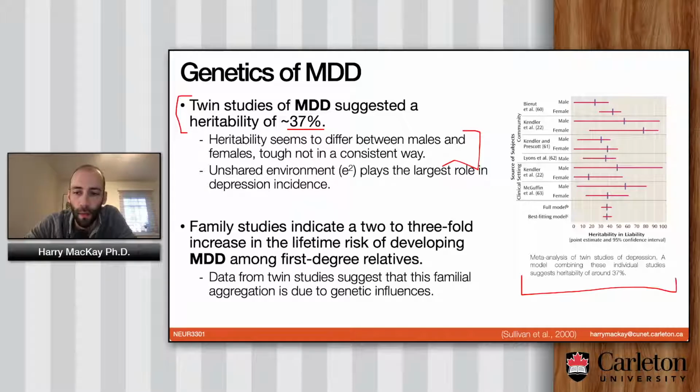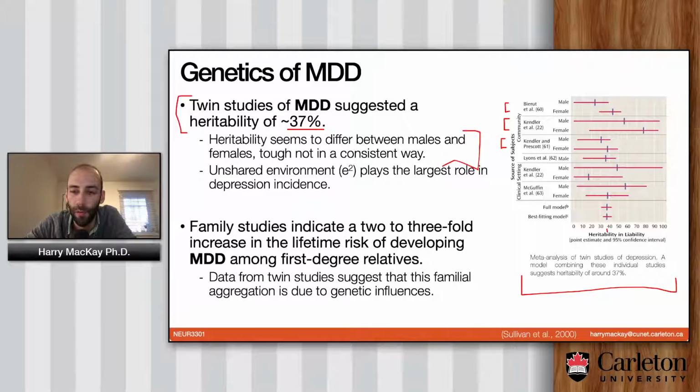This is a meta-analysis of various twin study-based estimates of the heritability of major depression. The heritability in percent likelihood is given on the x-axis, and various studies that they looked at are given along the y-axis. Where the data are available, they've plotted males and females separately.